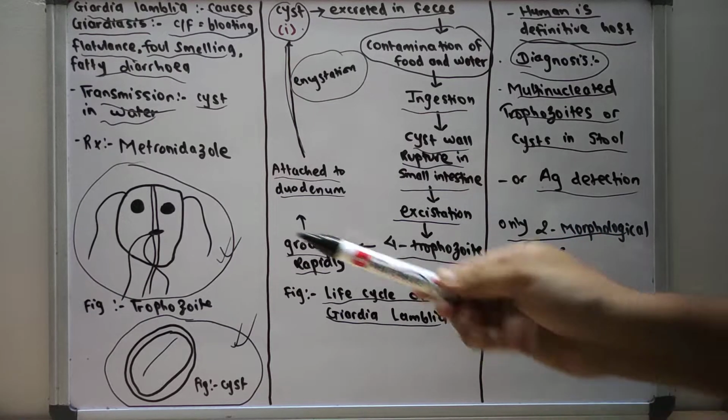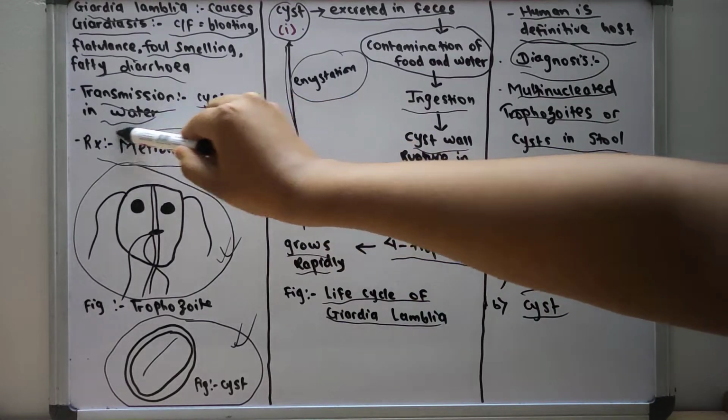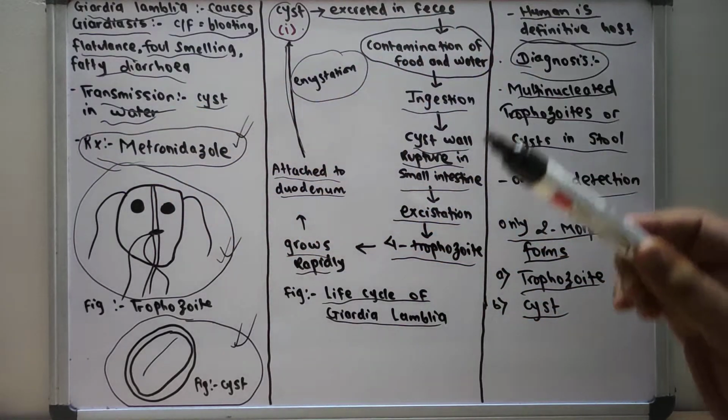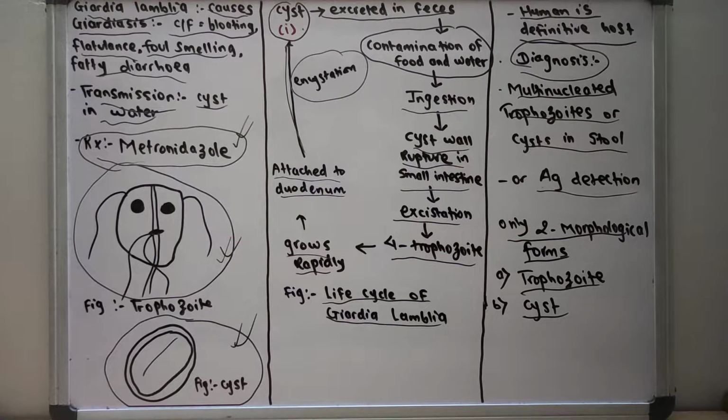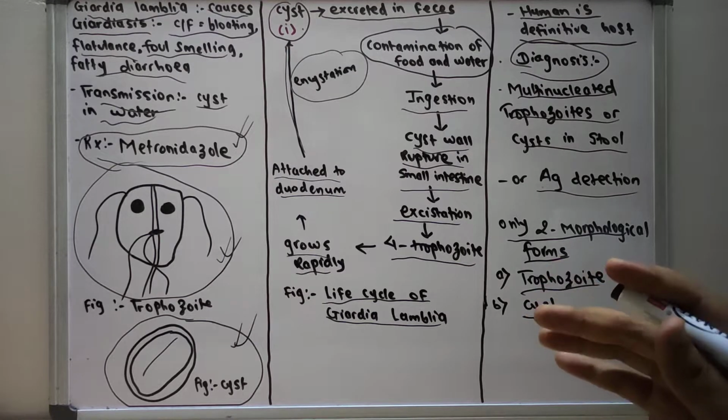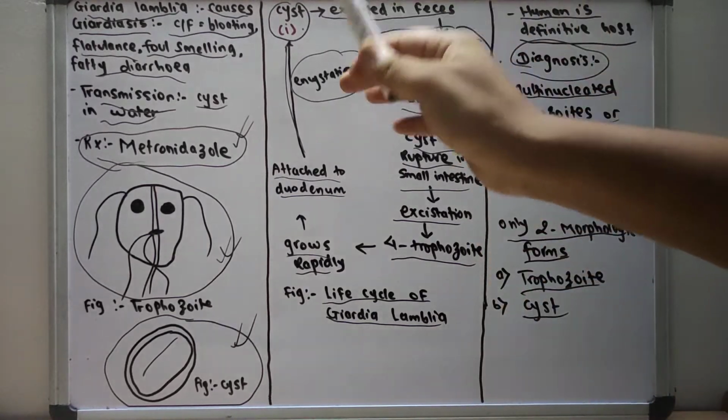So what is the treatment? The treatment is metronidazole. A therapeutic dose of metronidazole cures Giardia lamblia.